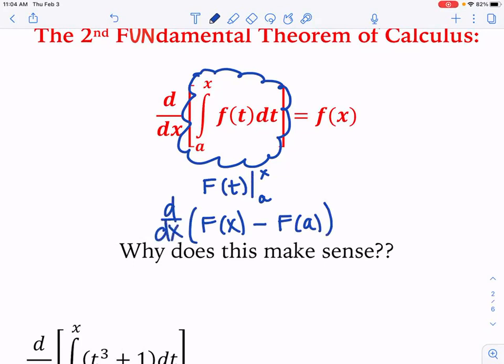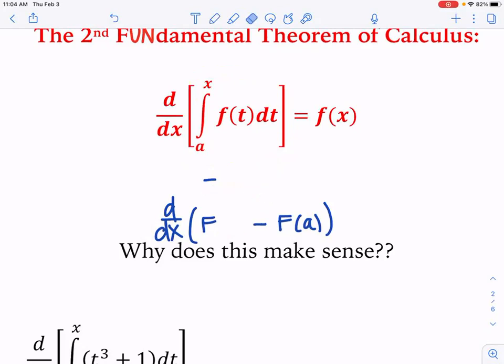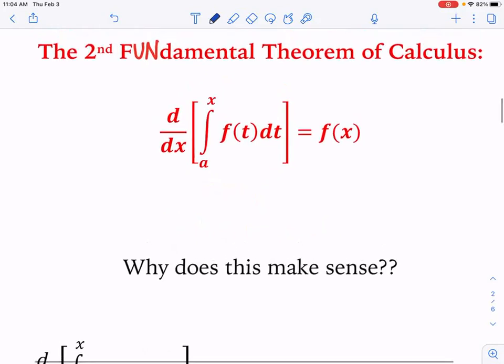Well, what's the derivative of the antiderivative of f? Normal f. But notice how there's an x in it because we did the first fundamental theorem of calculus. Now f of a, that's just a number. And what's the derivative of a number? 0. So that's why a doesn't matter. That's literally it.